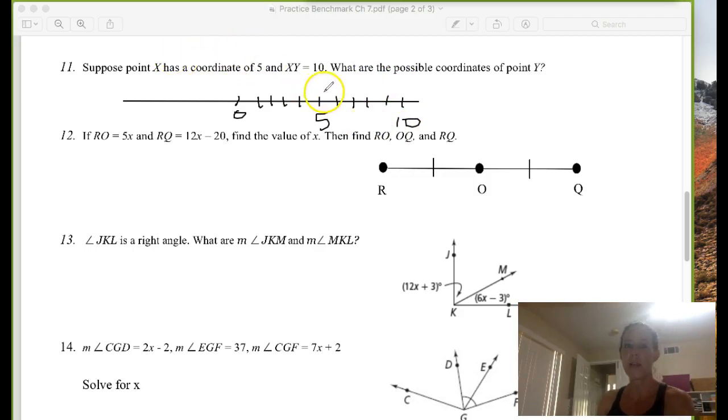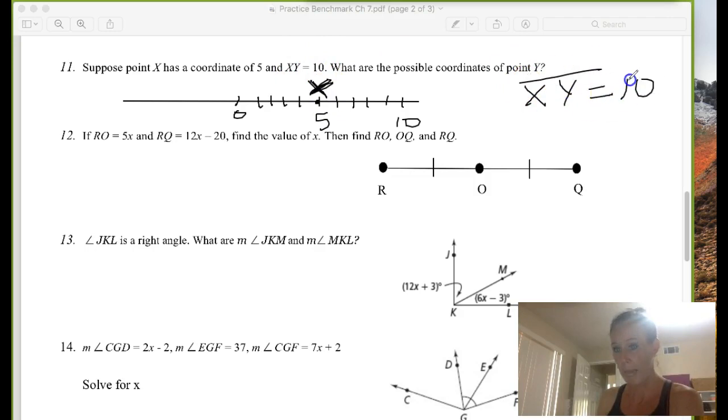Okay, so if x has a coordinate of 5, here's x. And I know xy is equal to 10. That distance is 10. So if I start here at 5, that is my point. That's where x is. And xy, that segment, is equal to 10. That means from here I had to go 10 this way or 10 this way.